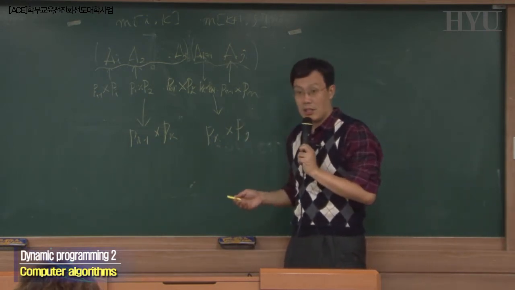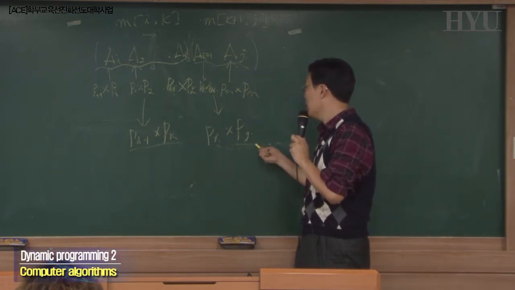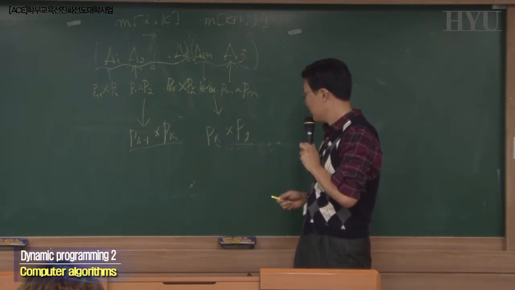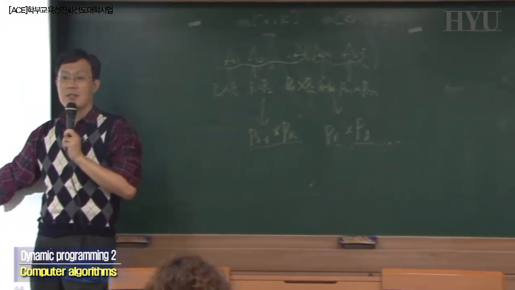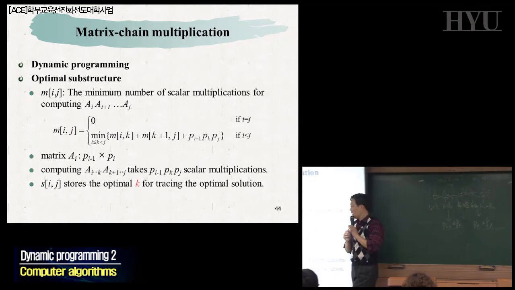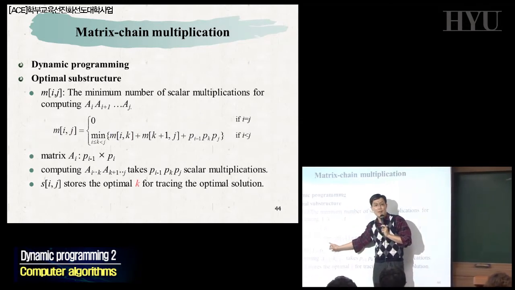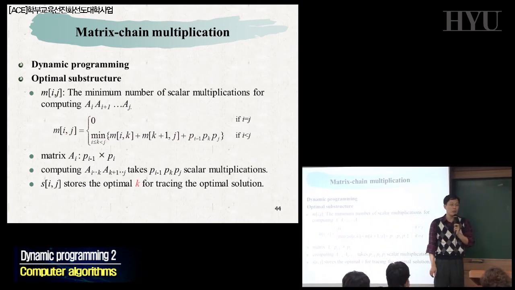Then to multiply this, we need Pi minus 1 times Pk times Pj. So it is this. And we have to consider every k between i and j minus 1 inclusive.